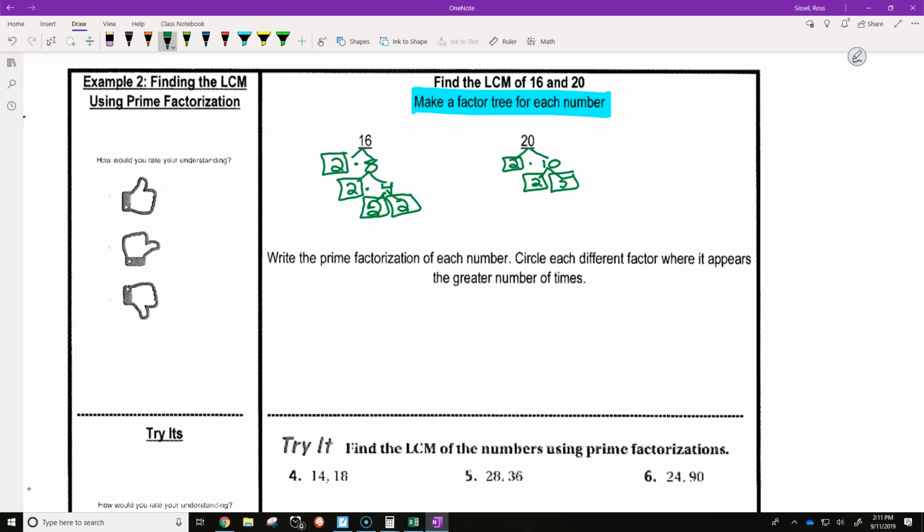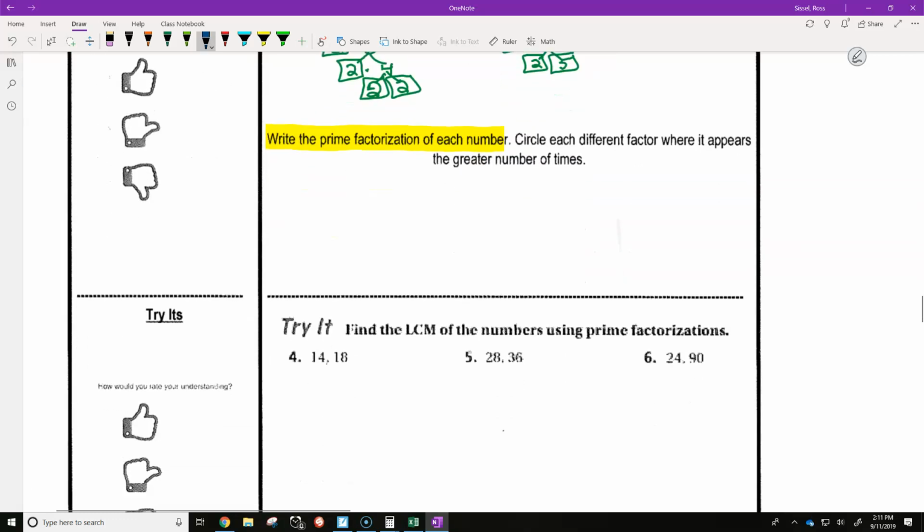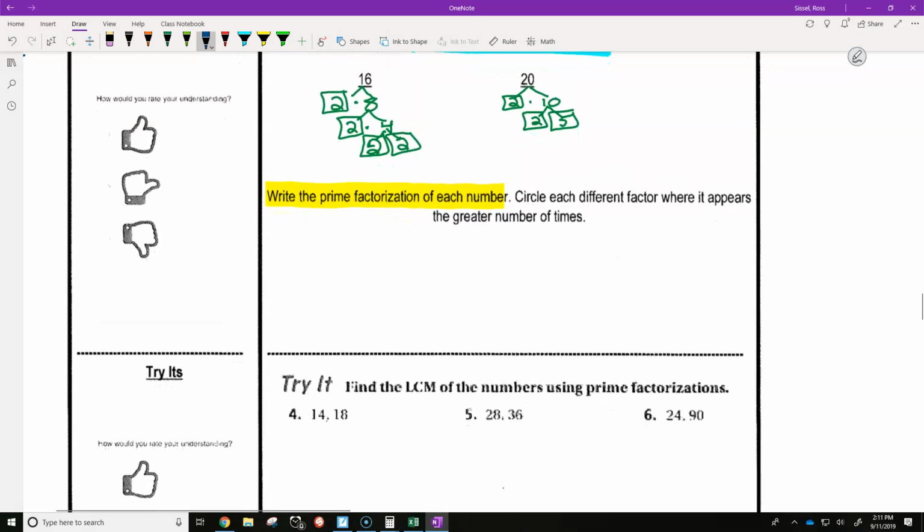Pretty simple. The second step, and this is where I want you to do this exactly like me, this will help, is I want to write the prime factorization of each number. So I'm going to go down here and say 16 equals, and I'm going to write the prime numbers I used: 2 times 2 times 2 times 2.